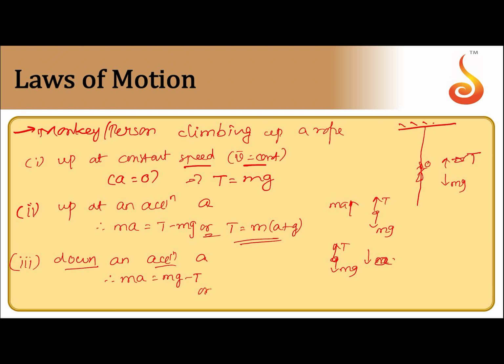Yes. Or T = m(g minus a). So the tension becomes mg minus ma. Now again, what if a is equal to g? Then the tension in the string becomes 0. Is that correct? Yes.